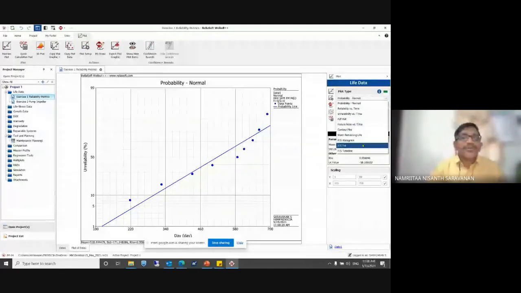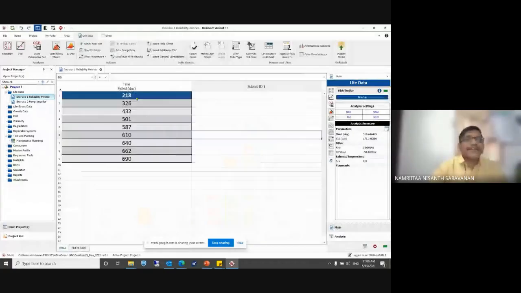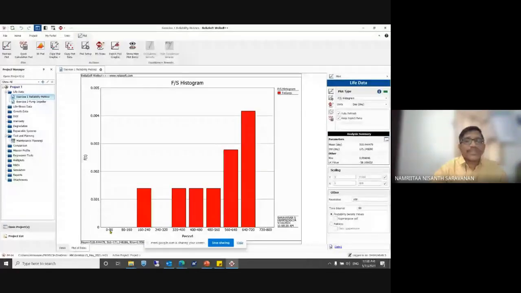The histogram tries to find out the occurrences, that is, how many occurrences happened within each bandwidth. I can see the bandwidth here from 0 to 80, 80 to 160, 160 to 240, something like that. It finds the bandwidth and produces the distribution here.